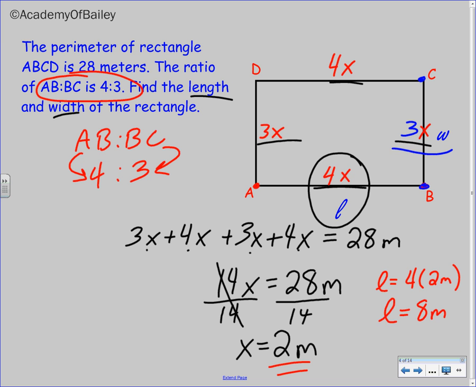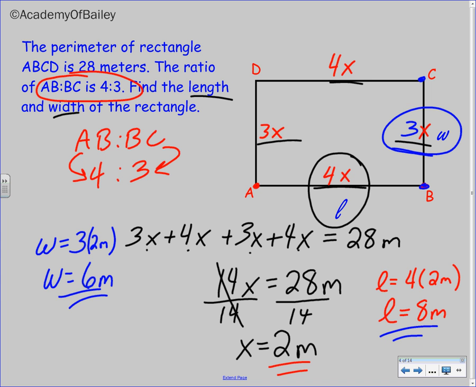And now let's look at the width, which happens to be 3x. But in our case, x was 2 meters. So the width is 6 meters. So we have a length of 8 meters and a width of 6 meters.